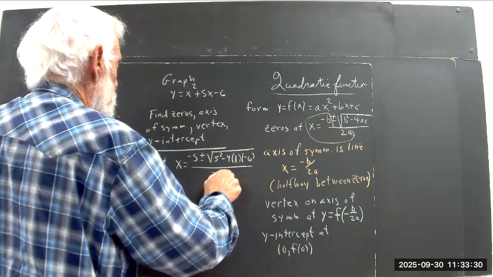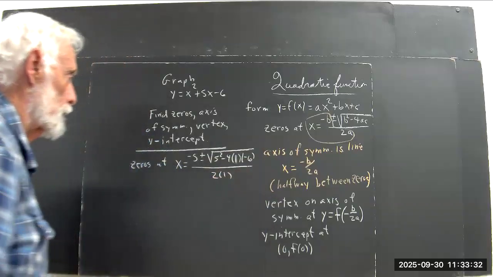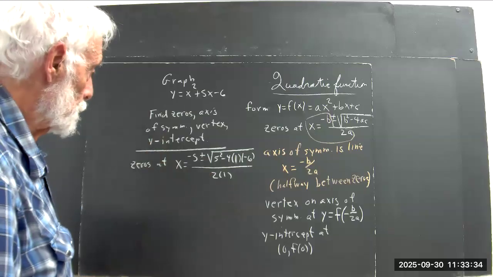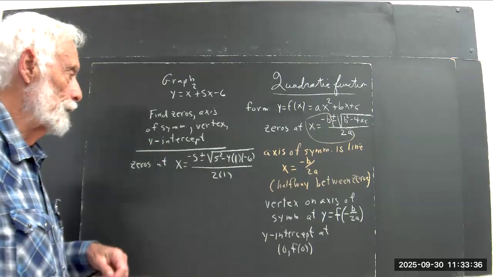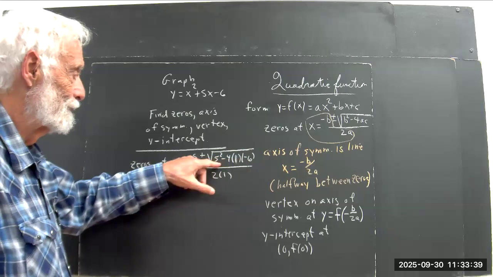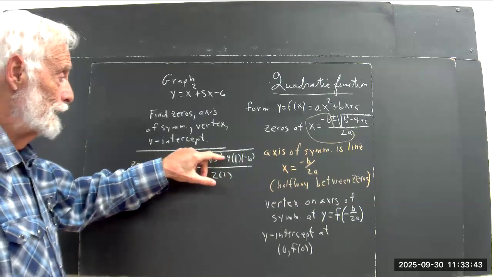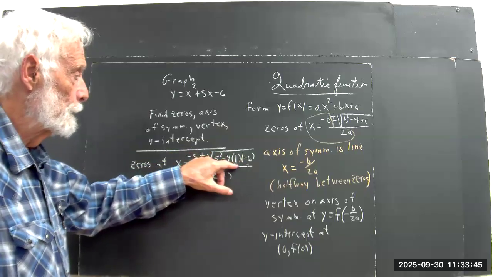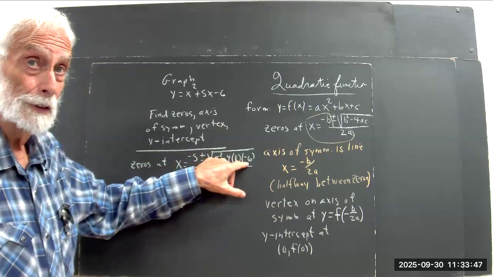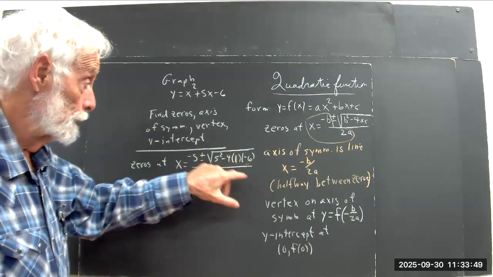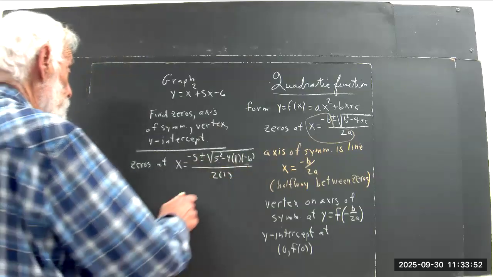Make sure I've got my numbers right. Everybody plug these numbers in correctly. There's always a tendency to not be careful enough about the negative signs, but you're going to have a negative of this product, and this product is negative because of the negative 6. So you're going to have a negative of a negative, and you're going to end up with a plus here.